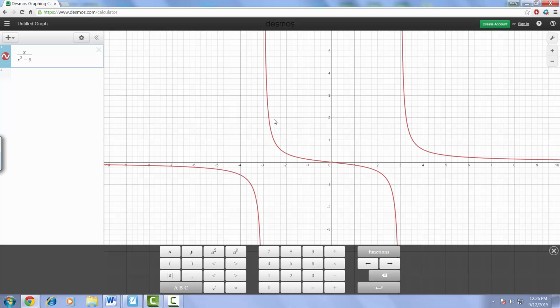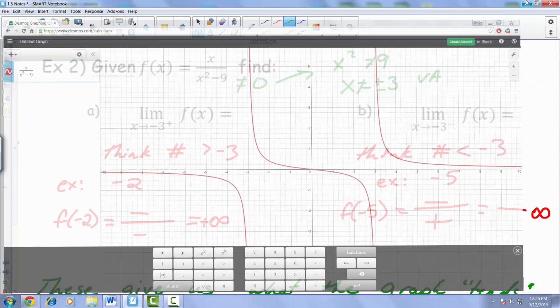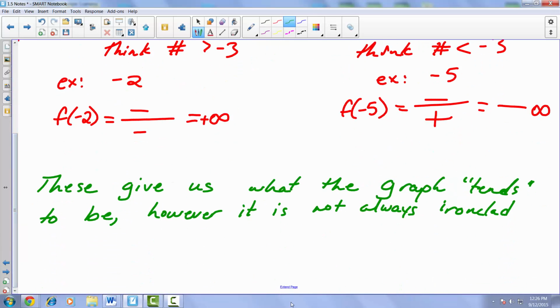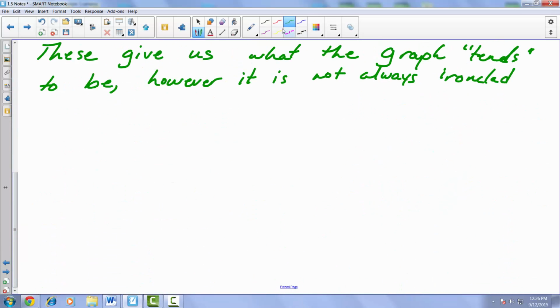Now here's the trick though. And again, this is what it tends to do, plugging those values in. However, what if we had some other function where we see something like this and it has a vertical asymptote at some x value, and on the left side you do all the plugging in and you see that it's going towards positive infinity, and that's all great, that's fine.